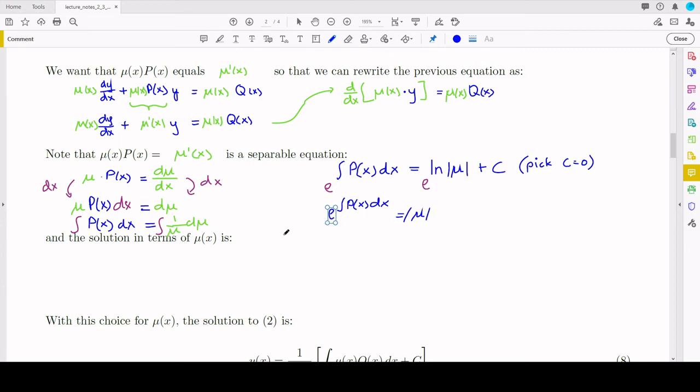And so the solution in terms of mu is mu of x equals e to the power integral of p of x dx.